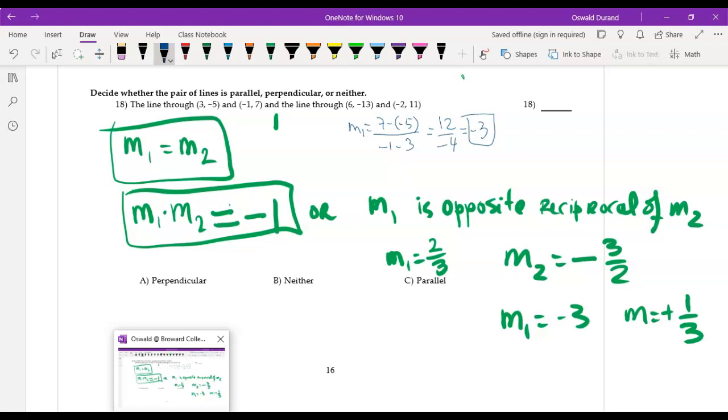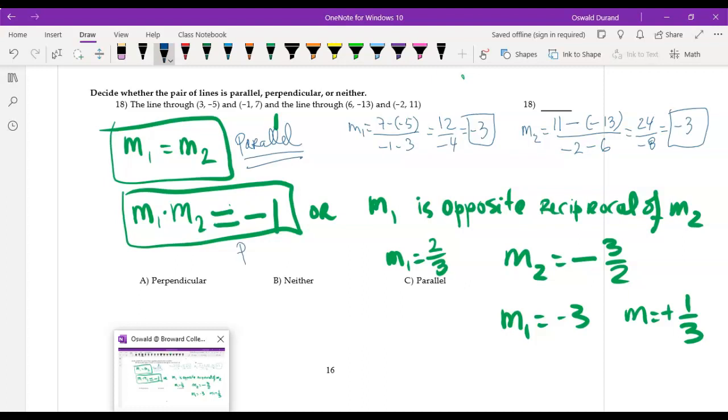Then the second one, m2 is equal to 11 minus negative 13 over negative 2 minus 6. So it's going to be 11 plus 13, 24 over negative 8. And that gives me negative 3. So they are exactly the same. So they are parallel. Right? m1 equal to m2. That's when we establish parallel.